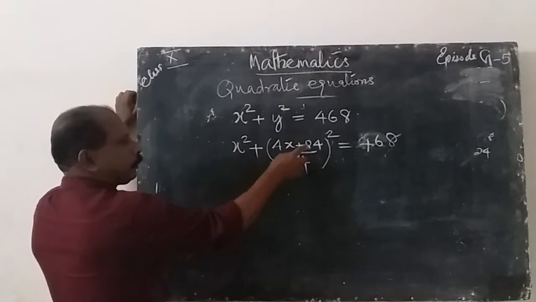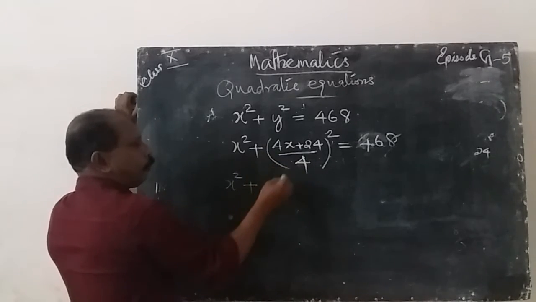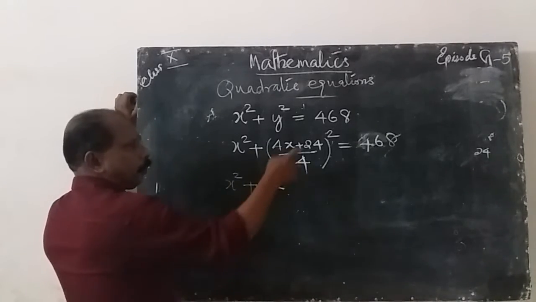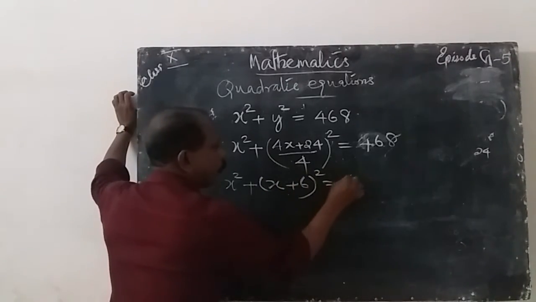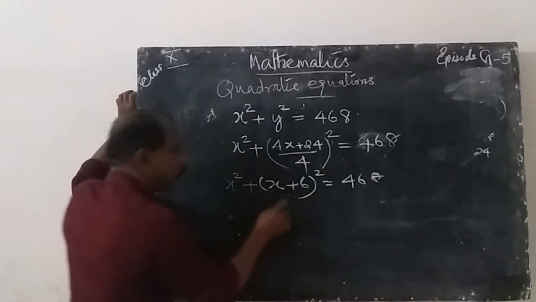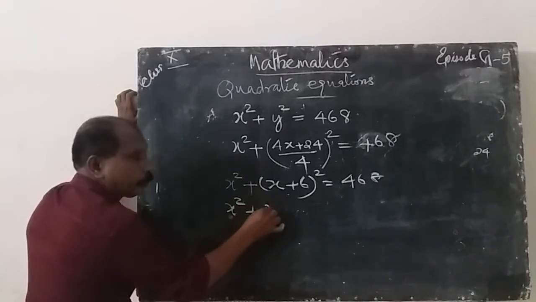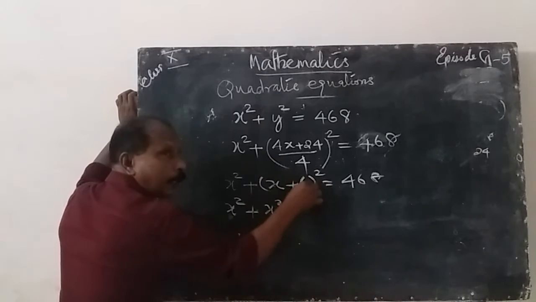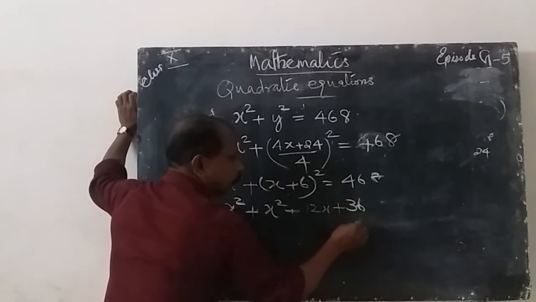Then we take the 4 as common, that is x square plus 4 by 4, that is 1, 24 by 4 is 6, the whole square is equal to 468. Then this is from a plus b the whole square, that is a square plus 2ab, that is 12x, plus b square, that is 36.